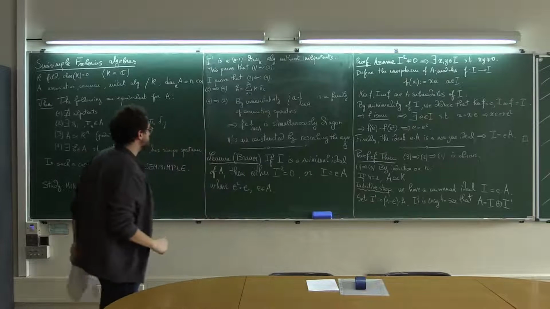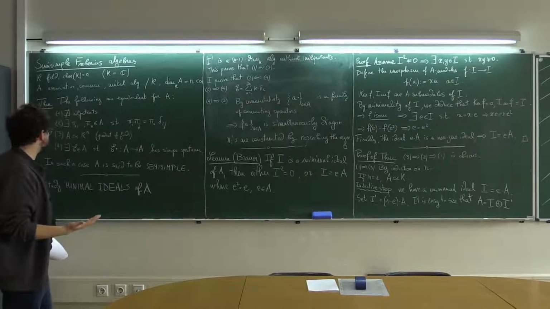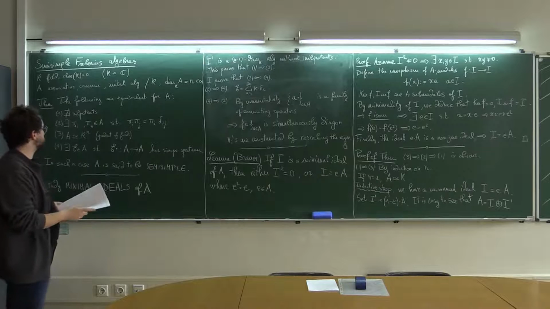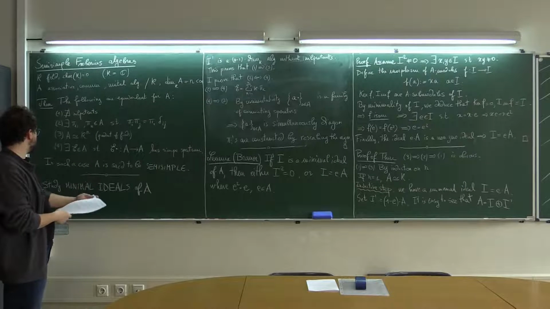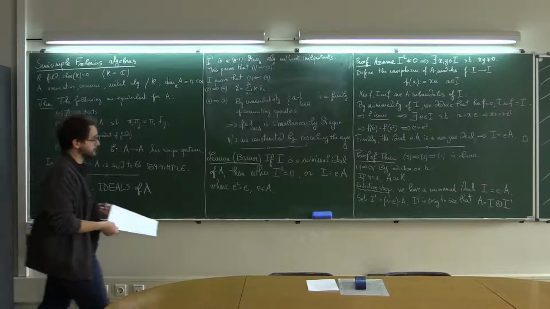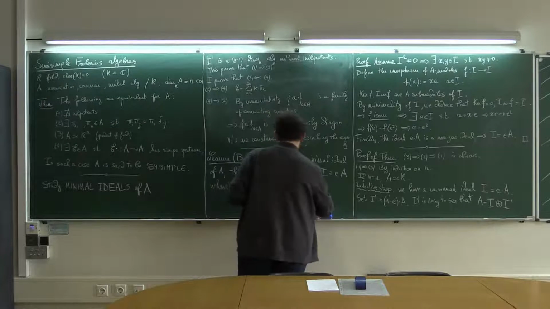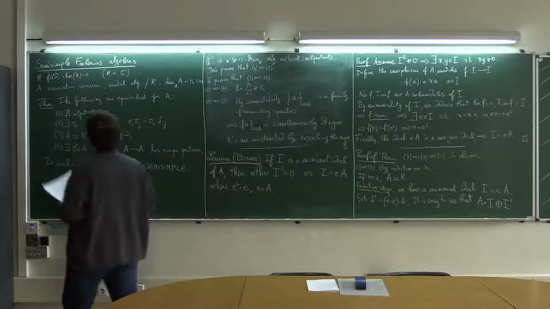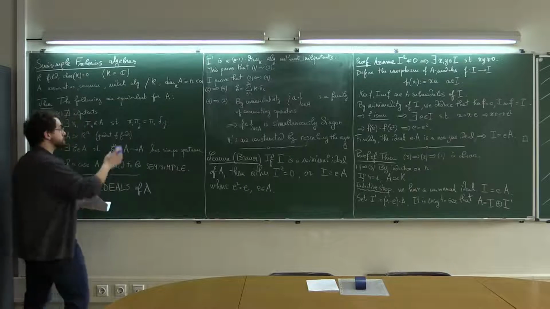Okay, we have introduced the notion of semisimple Frobenius algebras. We have many equivalent formulations for this notion, and now we can go to semisimple Frobenius manifolds.